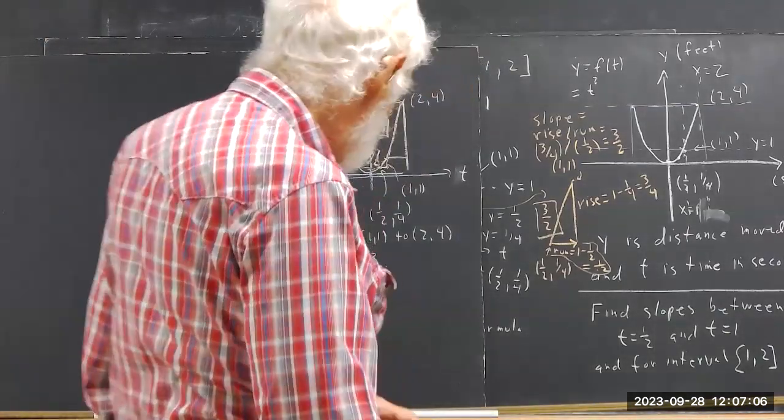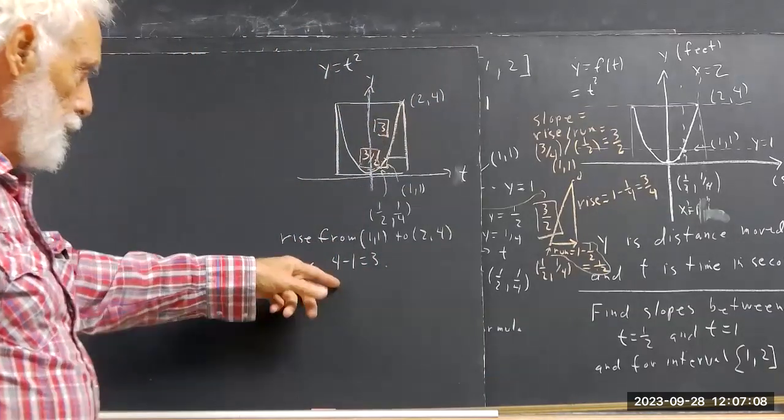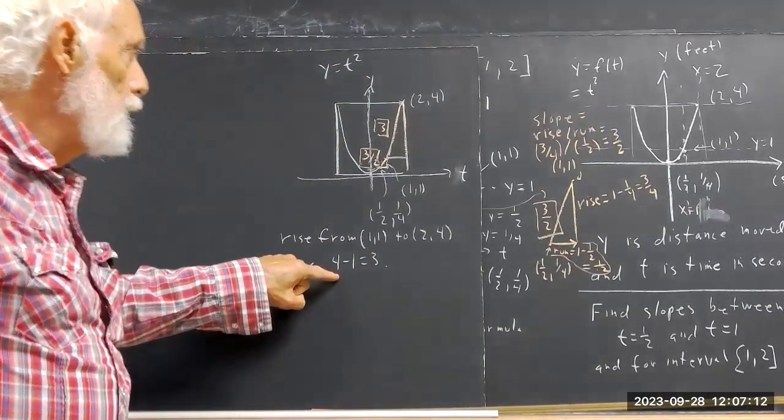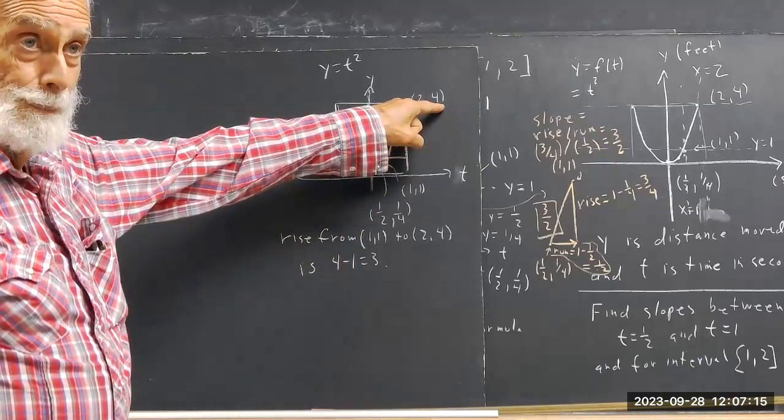Okay, now that we're oriented, we can interpret this. What does the 4 represent?